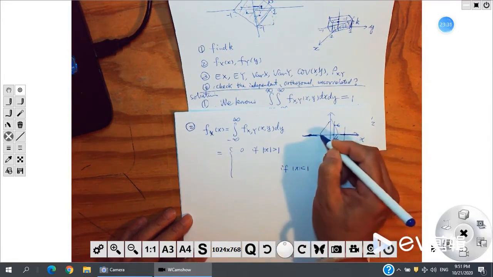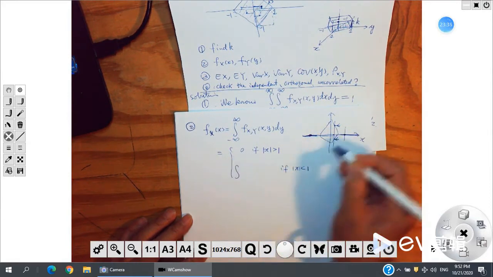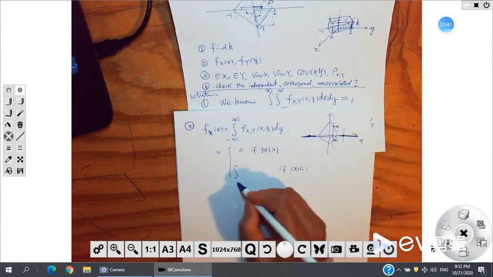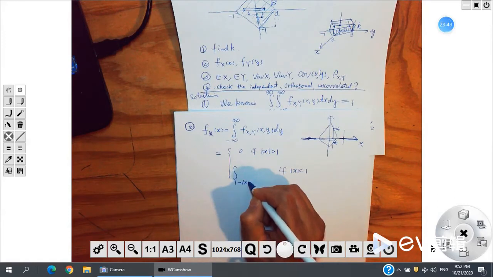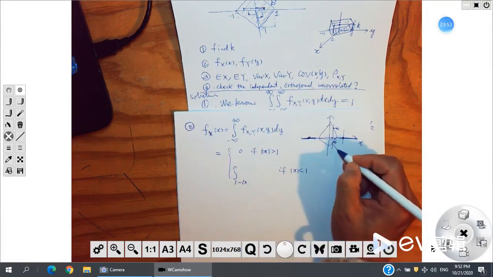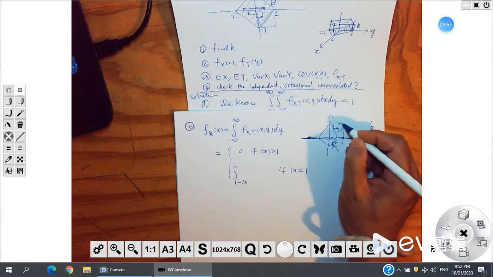it is this part. Then the integral will run from this point to this point, right? This point to this point. So it will be 1 minus the absolute value of x. Another one is, what is this value? This one is x plus y equal to 1.